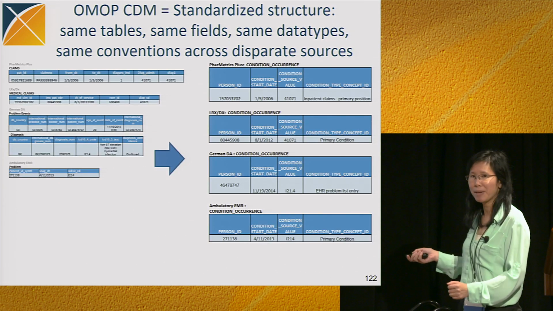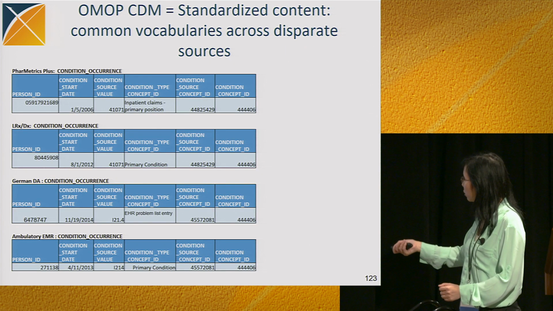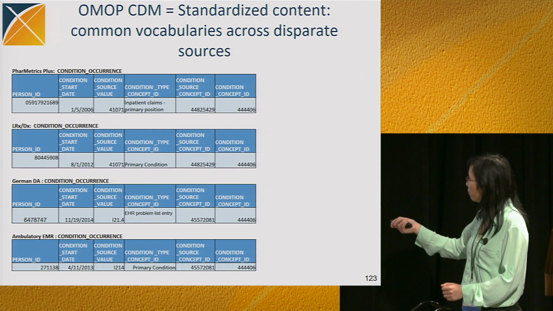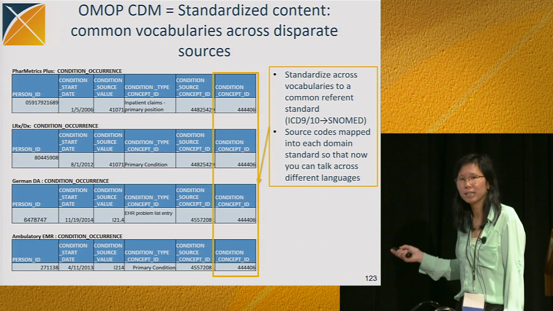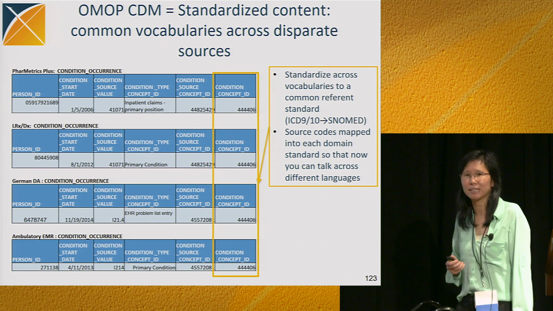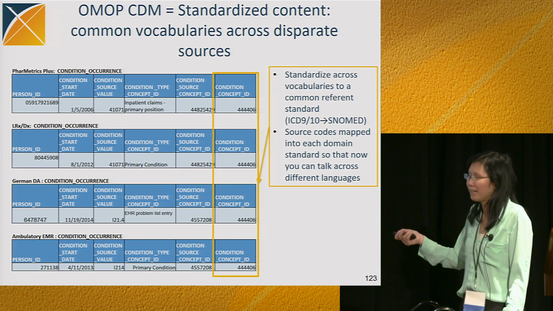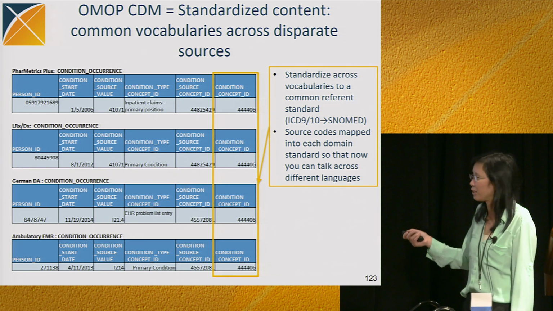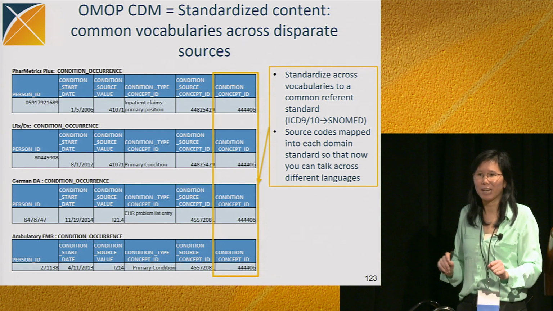And then we do that same exercise for all 4 of these. So again, we tell you what the source value is, what the type is, and then we add in what the condition concept ID is, okay? By doing this, now if you query all 4 databases, it's easy, where concept ID equals this guy. Then you don't have to remember all the other codes that we just talked about, right?